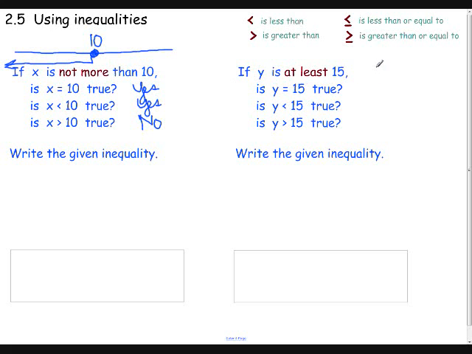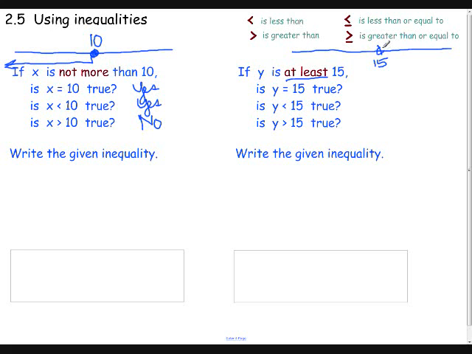Let's try another one. If y is at least 15. So let's try a little number line. You're going to find out I love to do things graphically. So here's that boundary, 15. We're saying y is at least 15.